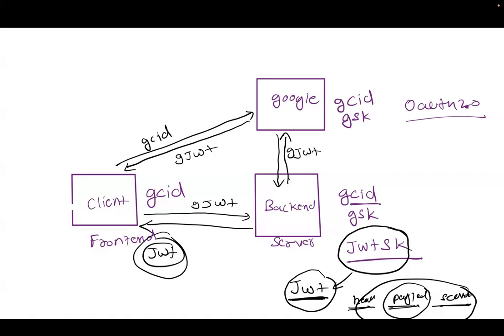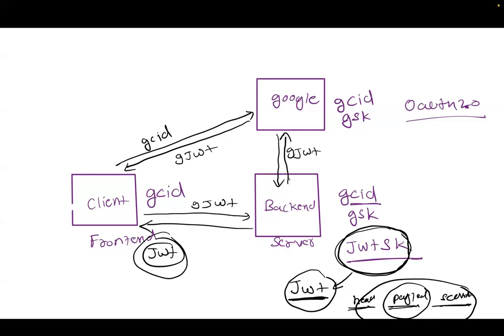No. Why? Because our server generated it with a secret key which is only with our server. If we share the secret key with anyone, they will easily be able to generate a JWT. But as we are not sharing it with anyone, no one can generate a JWT.